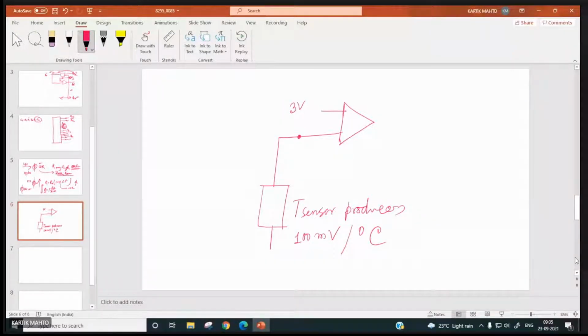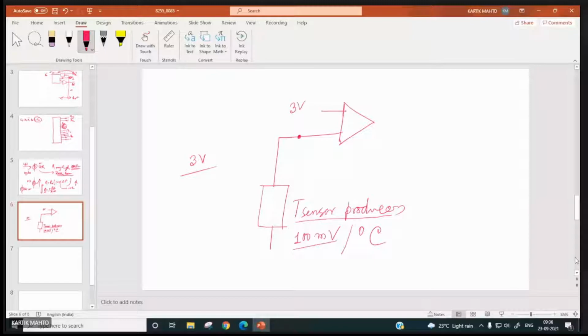So when this temperature sensor is going to produce 3 volt, quickly. Sir, when the outcome from that sensor is less than 3 volts.